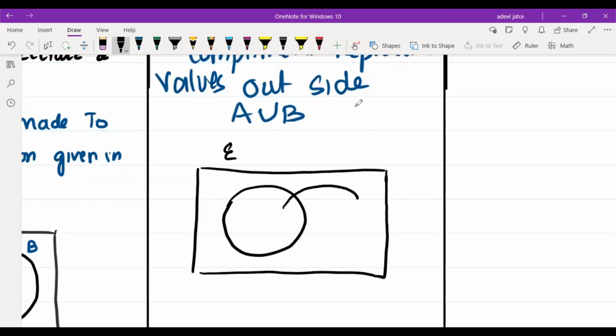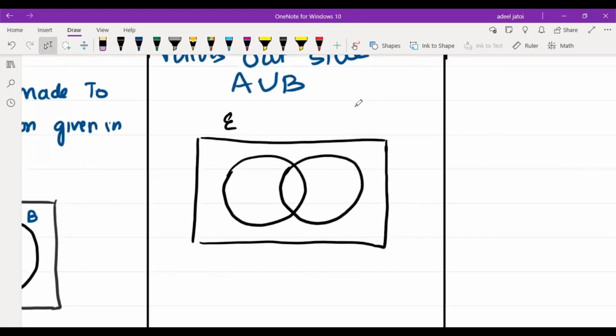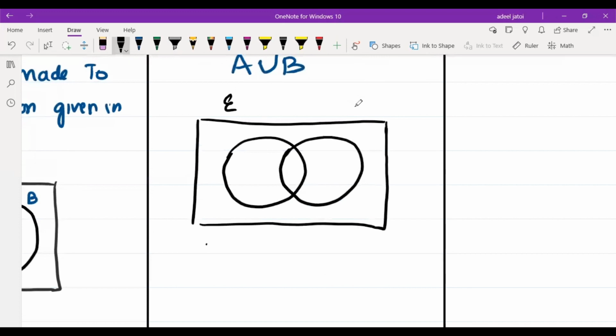There's a circle, there's another circle, and the question says A complement intersection B. A complement intersection B.